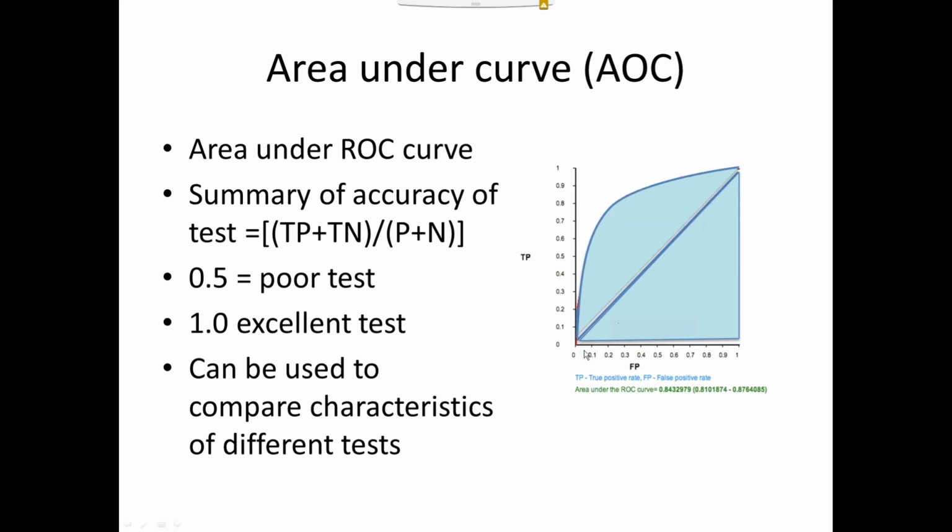Graphically, it's just everything that's under that ROC curve. An AUC of 0.5 is a poor test. An AUC approaching 1 is an excellent test. And so you can use that to compare the characteristics of two different assays in the same population, which one is better if you have two tests to choose from, or compare the performance of the same test in two different populations.